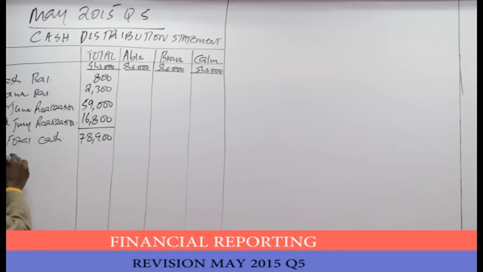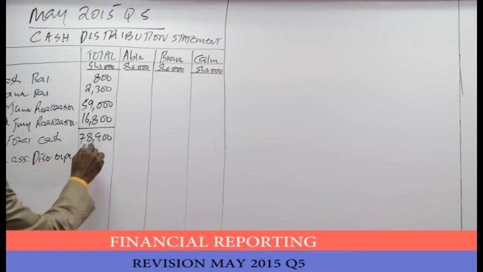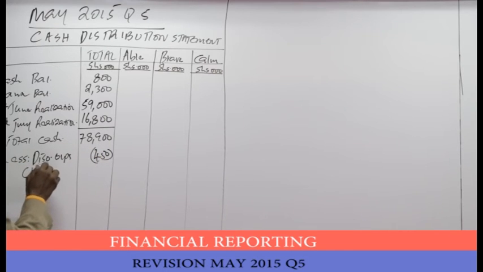Now we start paying. First, we provide for dissolution expenses, which is 450. We have the creditors. Creditors, we provide less discount. Less discount. 8,300.